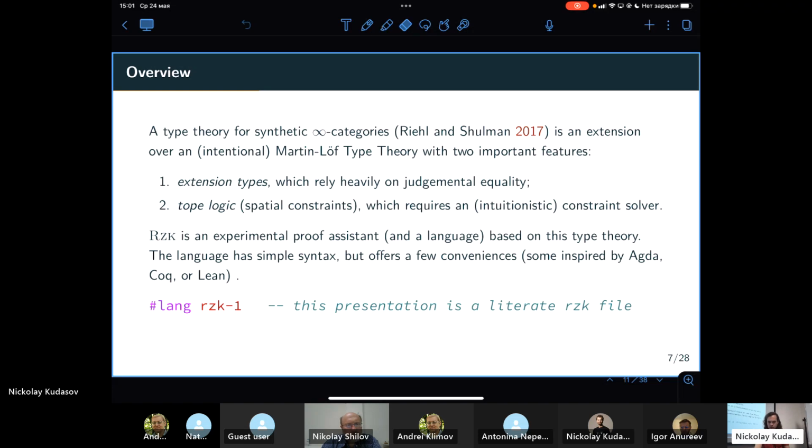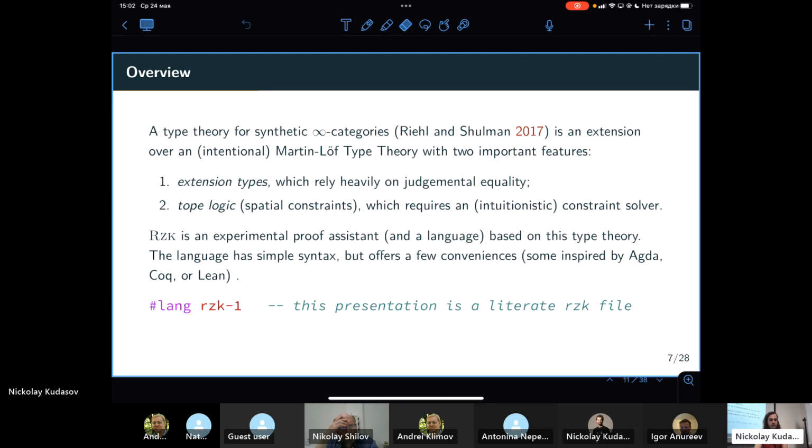I will get to an illustration for this. The important thing is that we take a somewhat well-known theory and extend it with extension types and topos logic, which are the important components here.